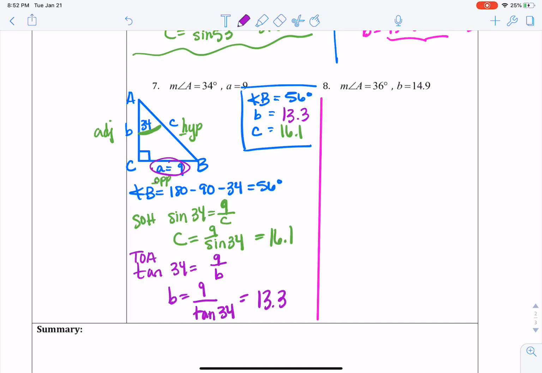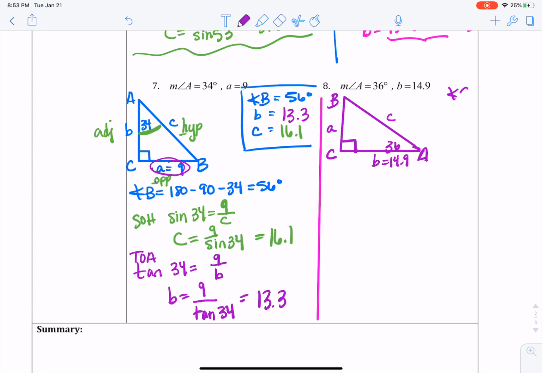All right, one more example. Draw your triangle. So there's my triangle, ugly as it is. C, B, A. A is 36, B is 14.9.